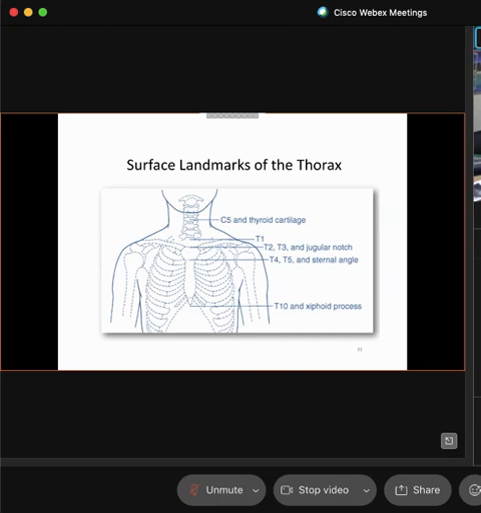Another item that is big in cross-sectional anatomy is not only knowing where your organs lie, but at what levels. When we think about the word levels, we know that the vertical axis of your central ray is likely going to be placed on the mid-sagittal plane if we're including both sides.